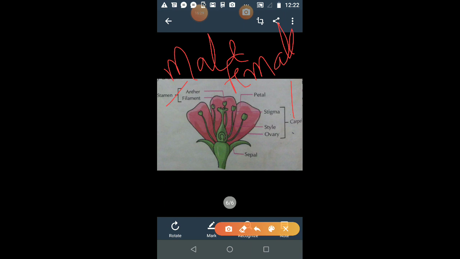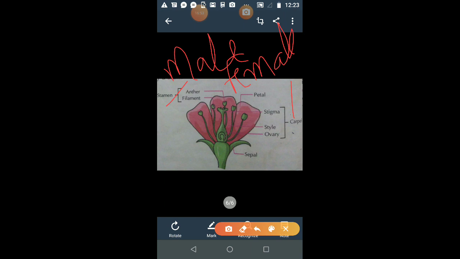It means transfer of pollens, which means male gametes, from one flower to another. This is the definition of pollination. ठीक है? So that is known as pollination.